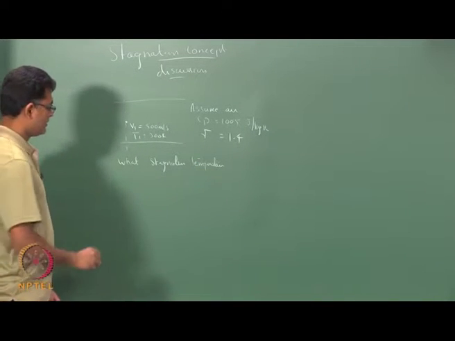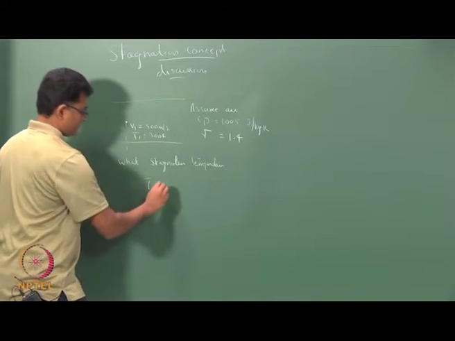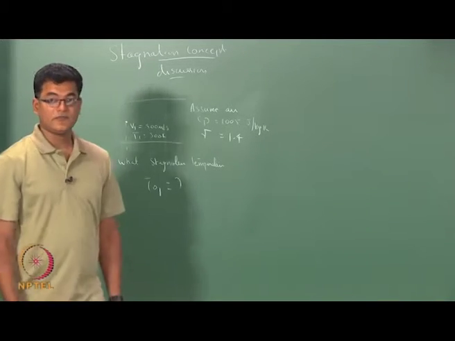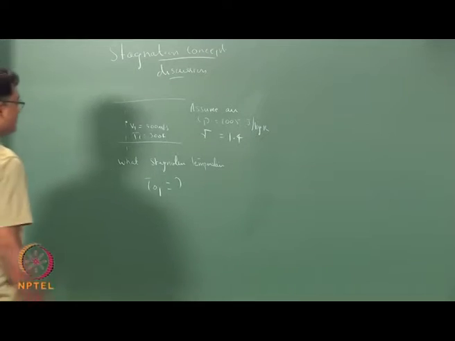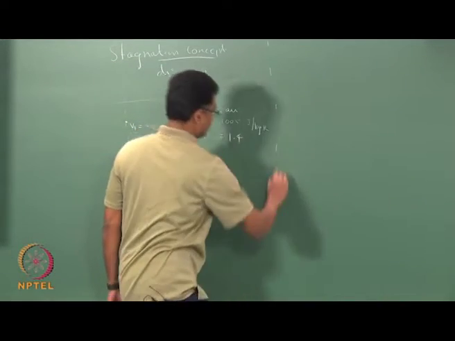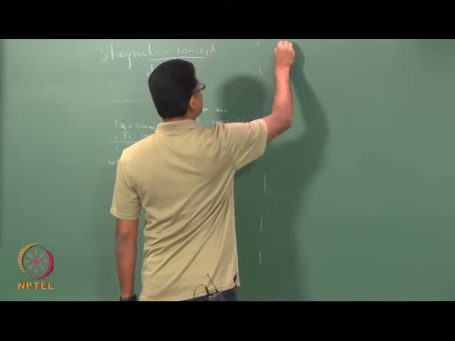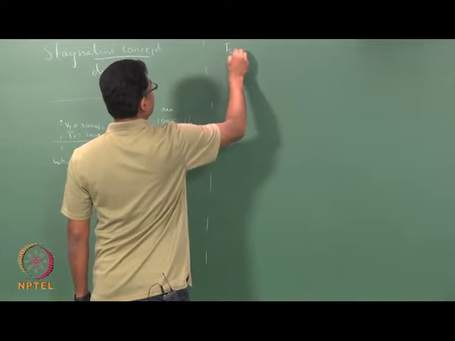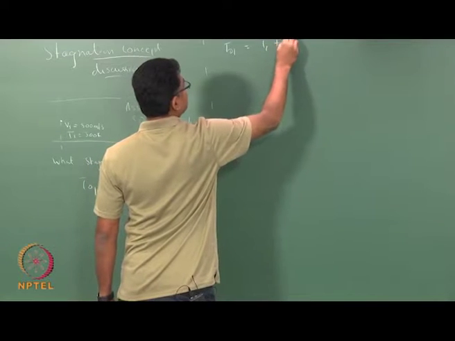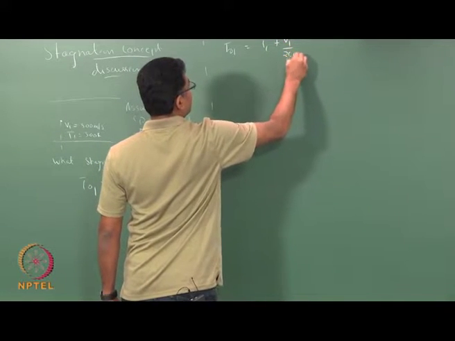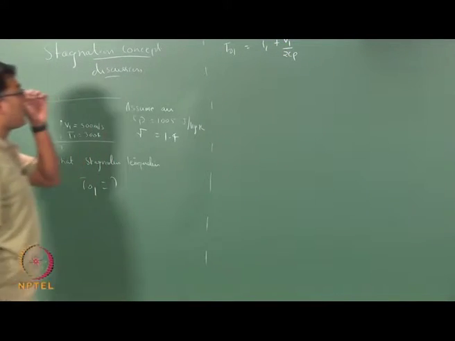Okay. So, we need to find T01. So, we go back to the equations. T01 is T1 plus V1 square by 2 Cp.